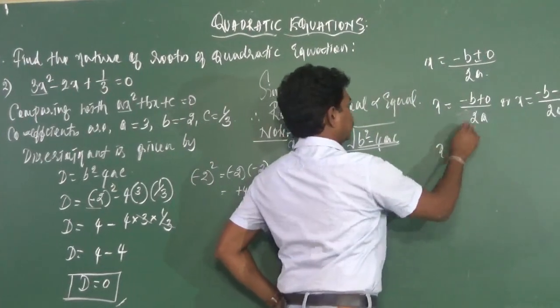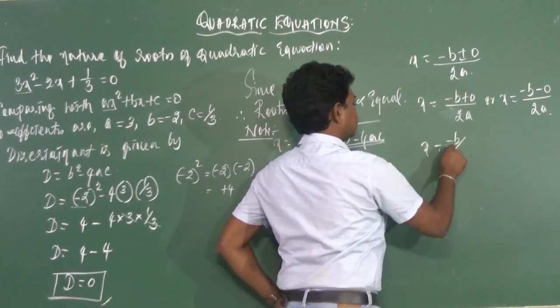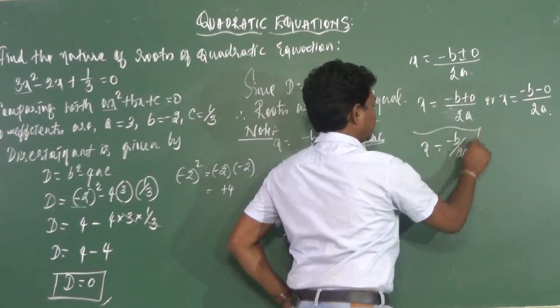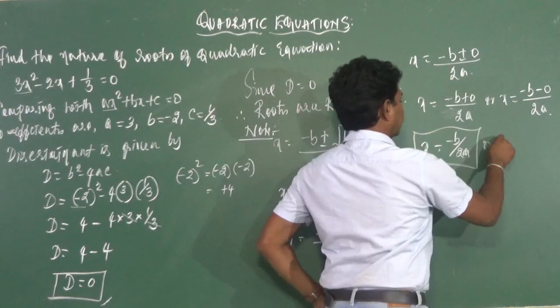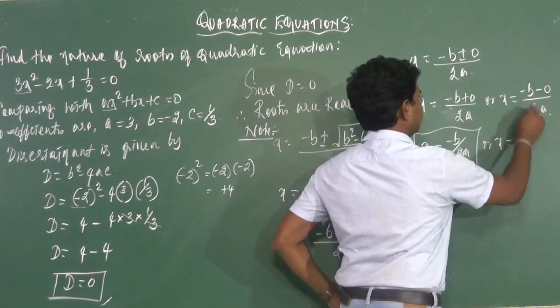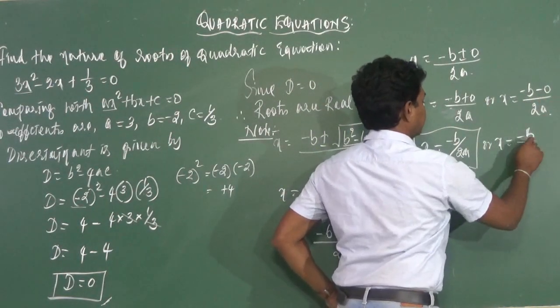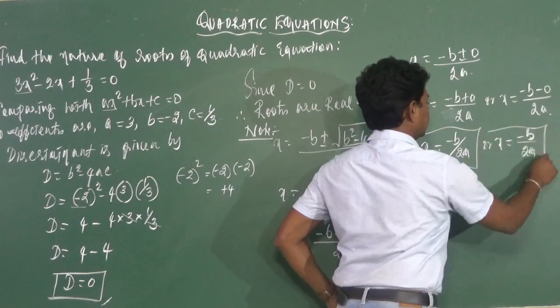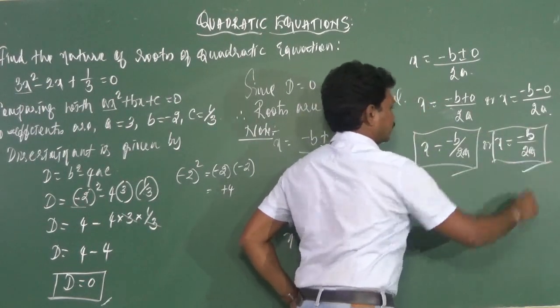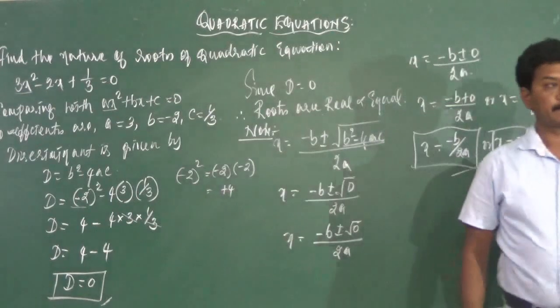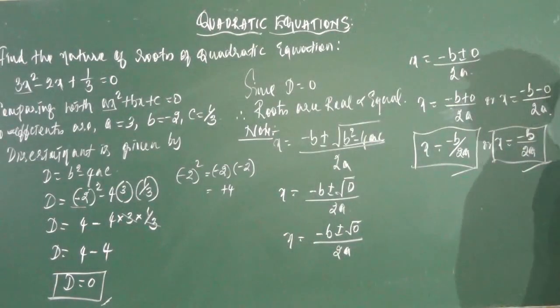So x is equal to minus b plus 0 is minus b by 2a. This is one of the roots. Or x is equal to minus b minus 0 is again minus b by 2a. So this is the standard form of equal roots, or the general form of equal roots.